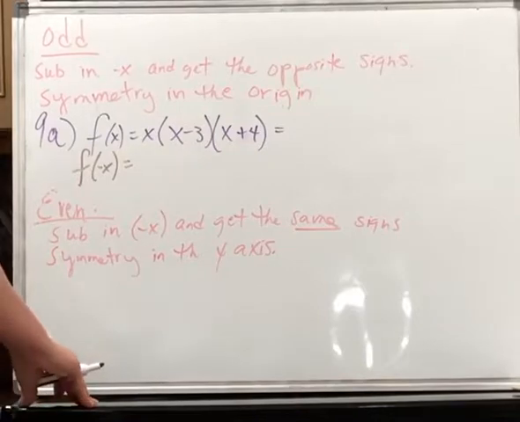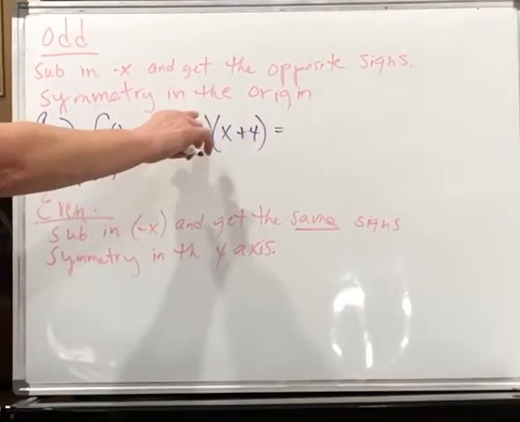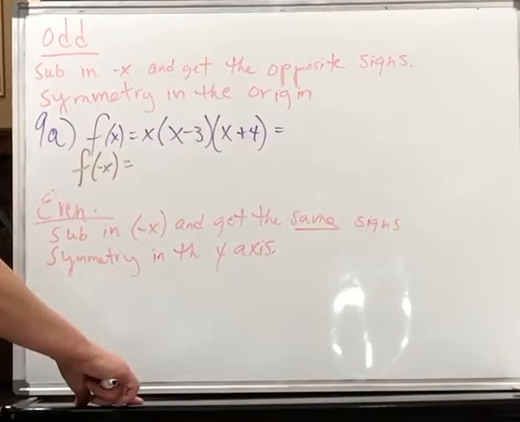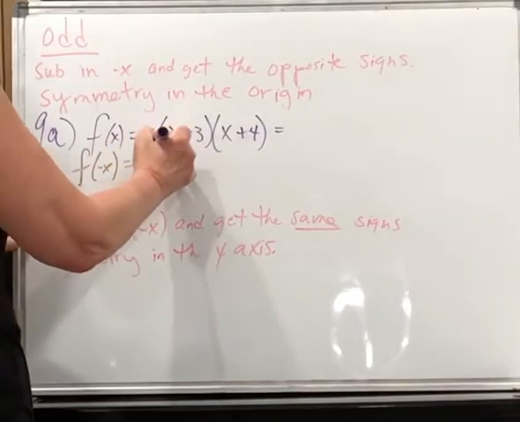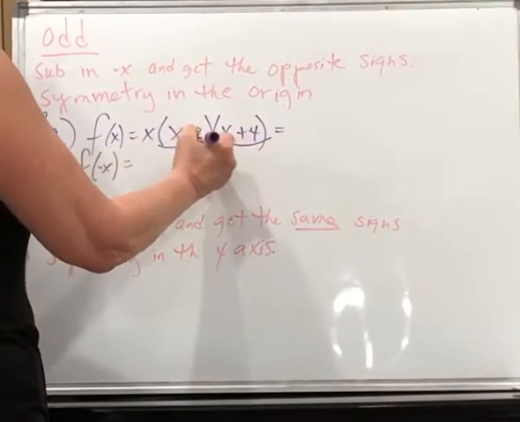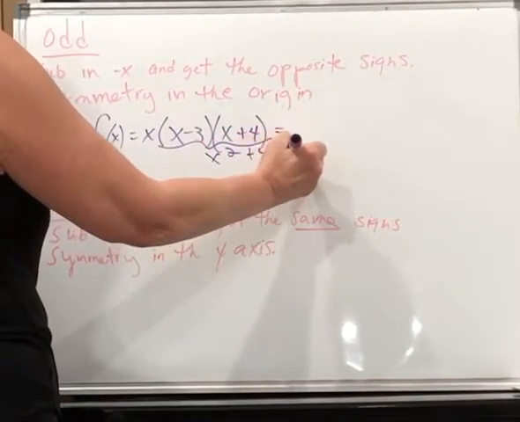So from your assignment on Castle Learning, number 9a had this function, x times x minus 3 times x plus 4. I want to first simplify that, so I'm going to multiply out these two first. That becomes x squared plus x minus 12.